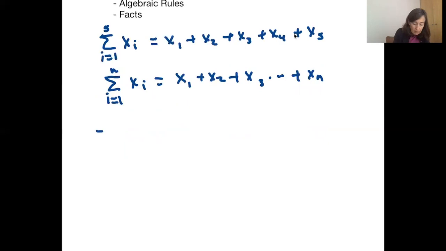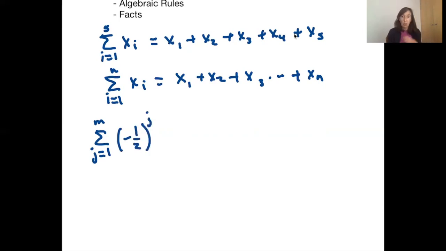So if we have the sum, we'll use slightly different letters here, as j goes from 1 to m of (-1/2) to the jth power. Okay, so what our x sub i's are in this example is that they are powers of -1/2.